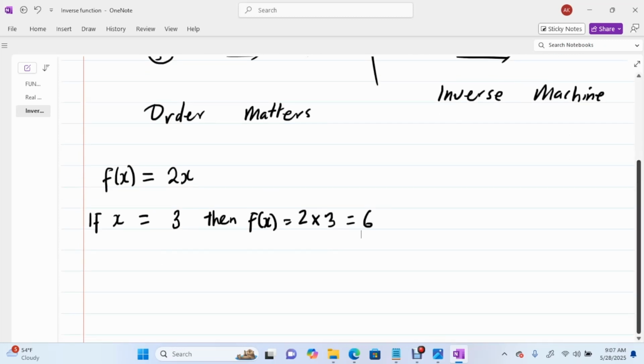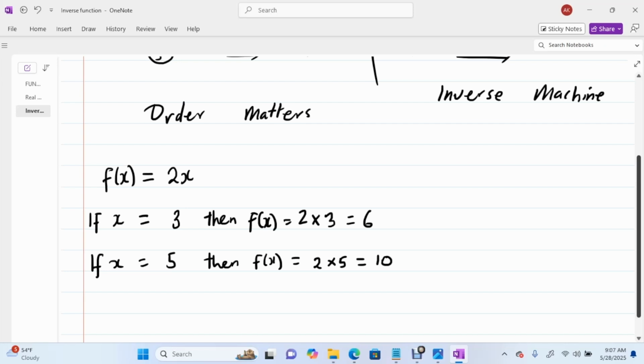What about if x is equal to 5? Then f of x is equal to 2 times 5, which is going to be 10.